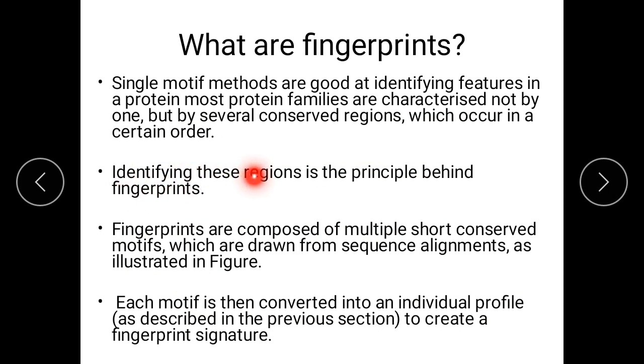Identifying these regions is the principle behind fingerprints. Fingerprints are composed of multiple short conserved motifs drawn from a sequence alignment. Each motif is then converted into an individual profile, as described in the previous section, to create a fingerprint signature.